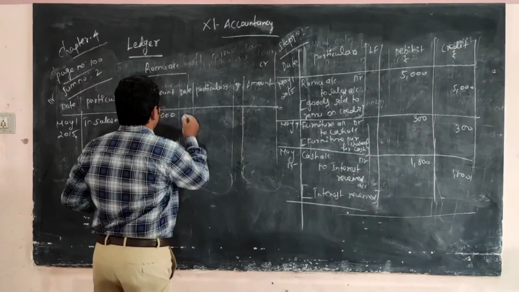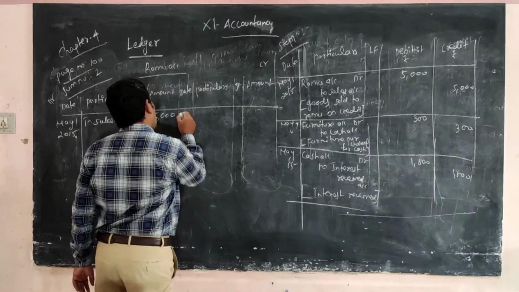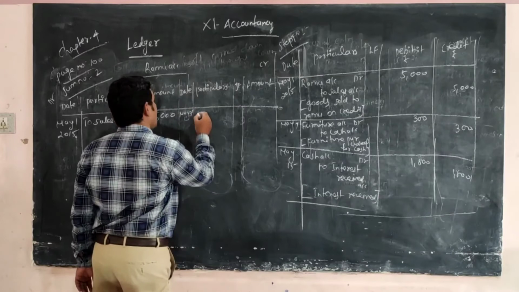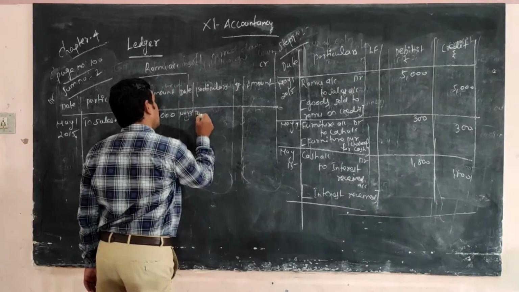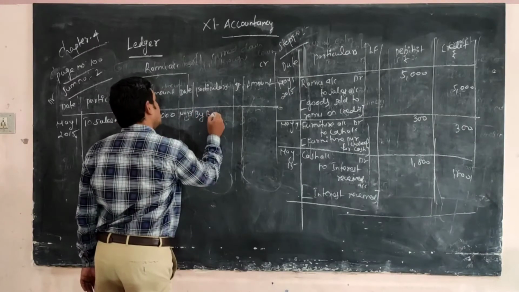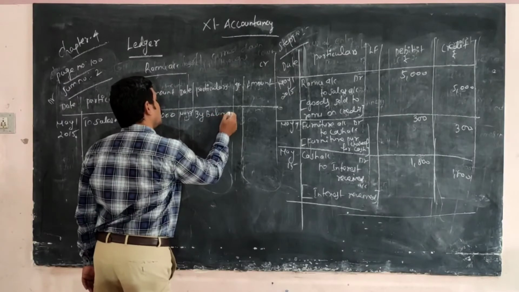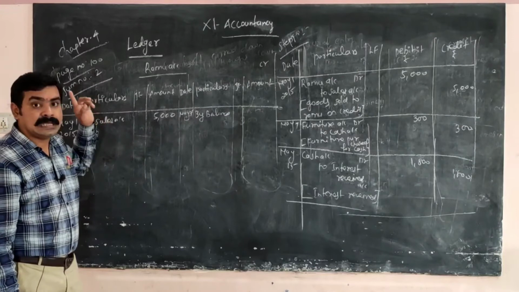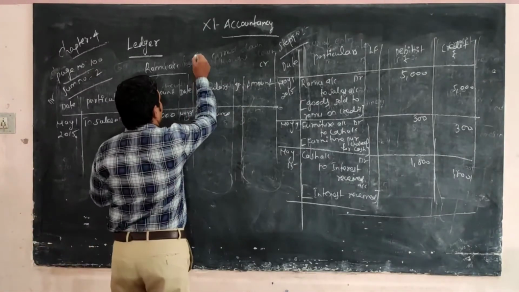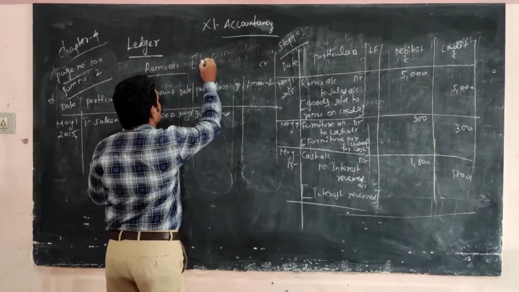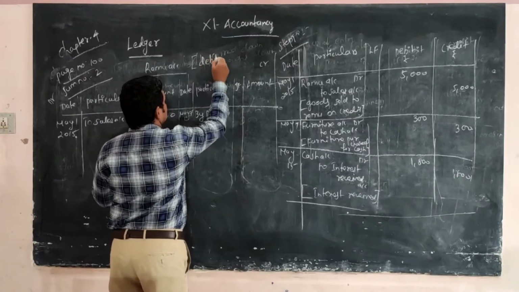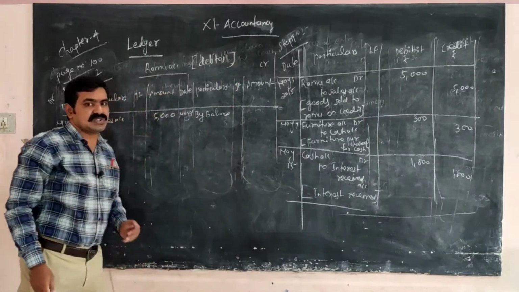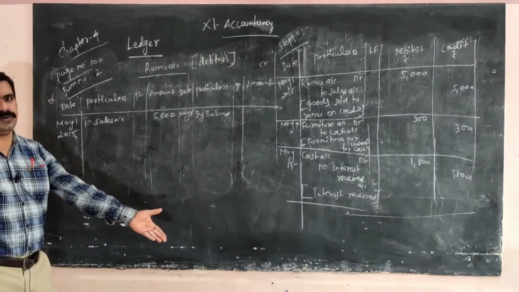Here, May 31st, by balance, because Ramu is one of the debtors. He is a debtor because we sold goods to him.